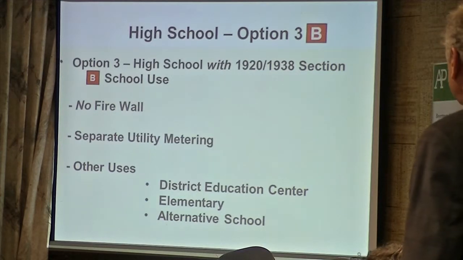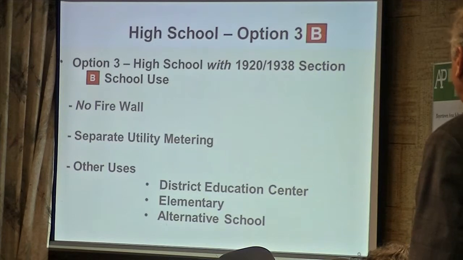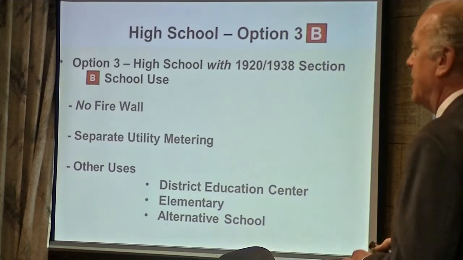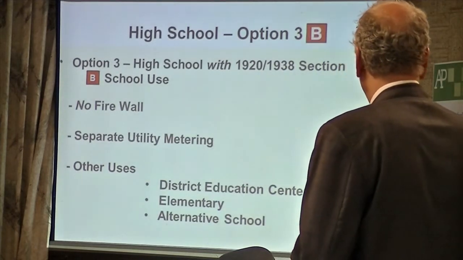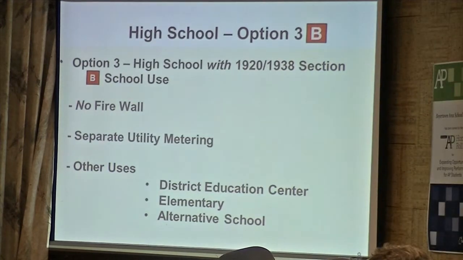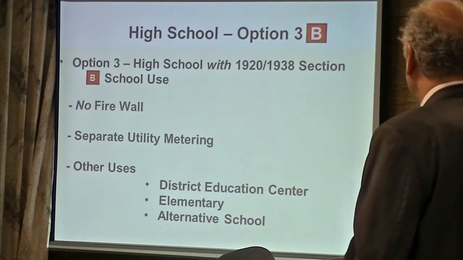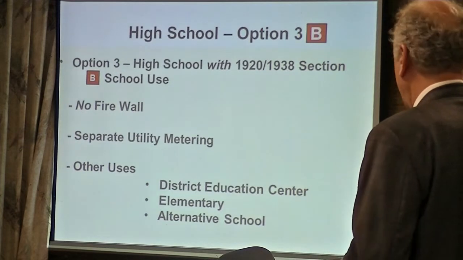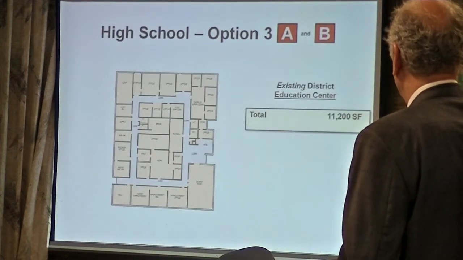If that is used and the classification is educational, then we wouldn't need a firewall between the building. We only need separate utility metering, as I indicated, if that would be used as a non-LEED facility. So it gets a little complicated as we try to put some prices in.